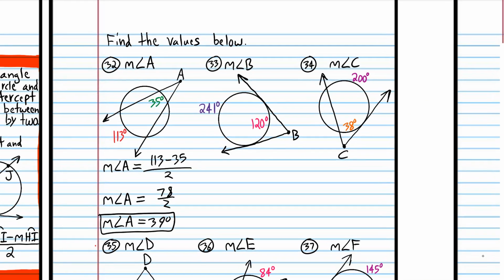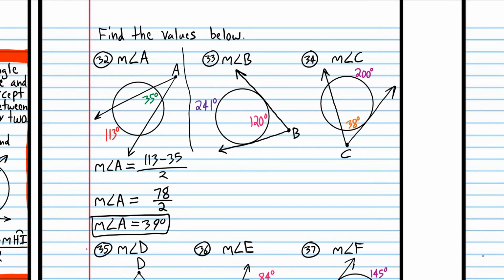So pretty simple. So let's try another one of those problems. The measure of angle B is equal to 241 minus 120 over 2. And we get 241 minus 120 is 121.